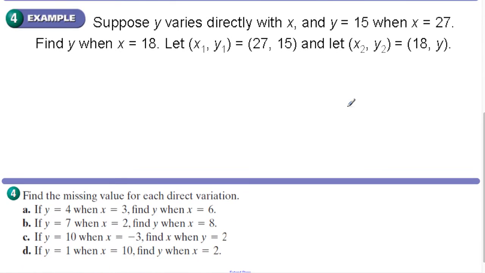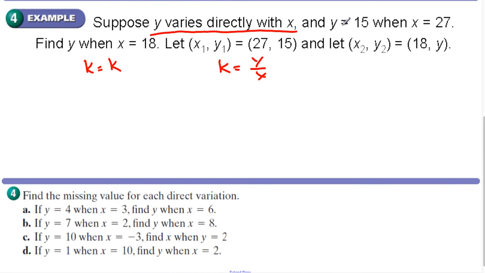All right, so let's take a look at this one. Suppose y varies directly with x. So then we know the constants of variation are the same. When y equals 15, x is 27. Find y when x is 18. And we know, again, k is equal to y over x.